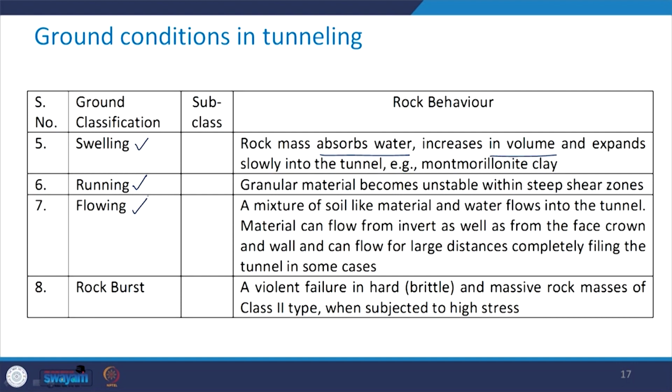So, one needs to be careful about such difficult ground conditions. Then the next one is rock burst. In this case, a violent failure in hard or brittle and massive rock masses of class 2 type occurs when these are subjected to high stresses. So, these are some of the extreme ground conditions.